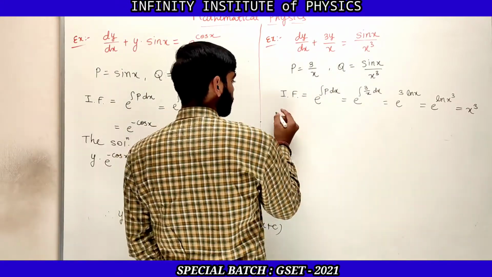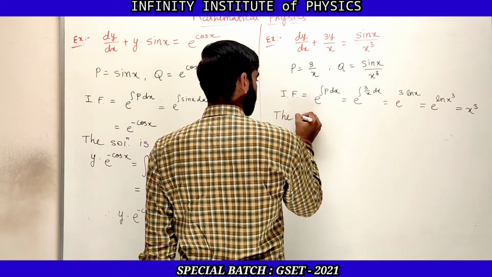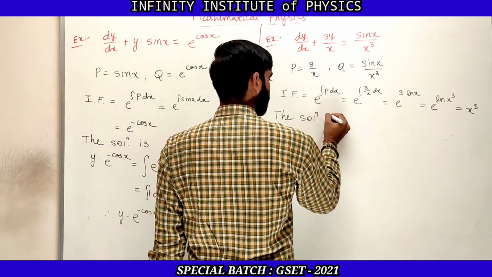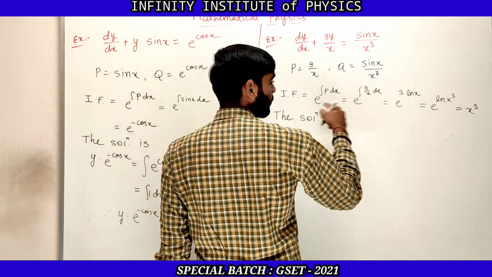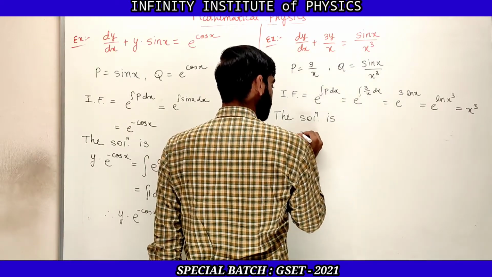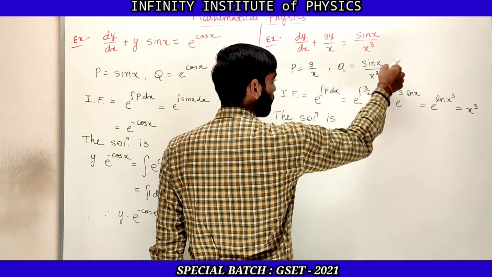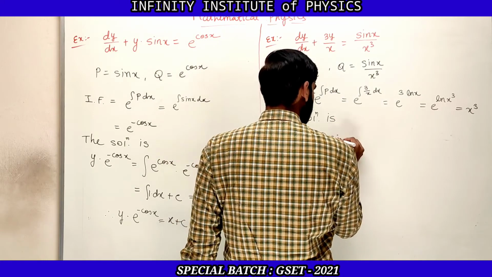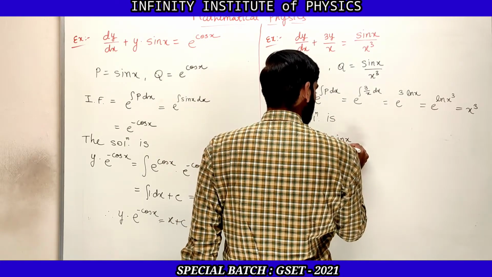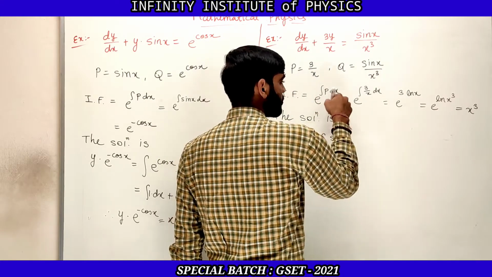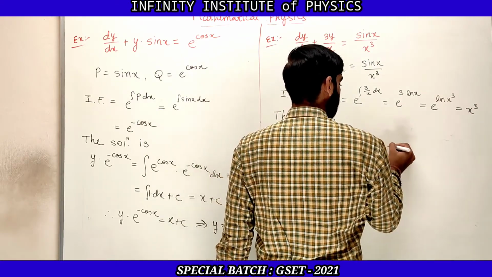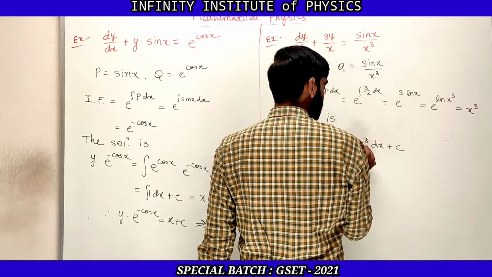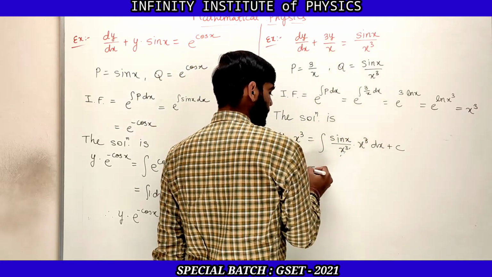Now the solution is given by y into e raised to integration p dx, that is only x cube, which is equal to integration of q, that is sin x by x cube, into e raised to integration p dx, that is x cube, dx plus c. So now x cube will cancel out, so it is only sin x.